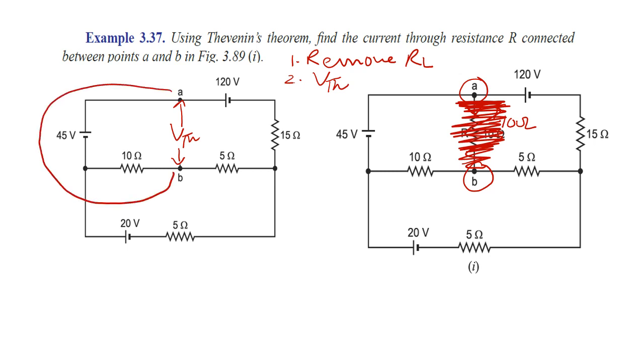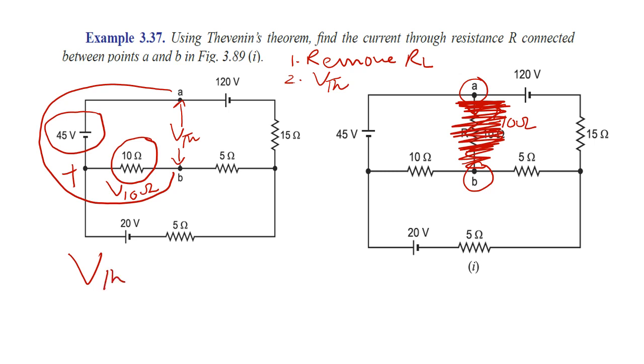It means this voltage is the sum of 45 volt plus the voltage across 10 ohm. So how much voltage is coming across 10 ohm?